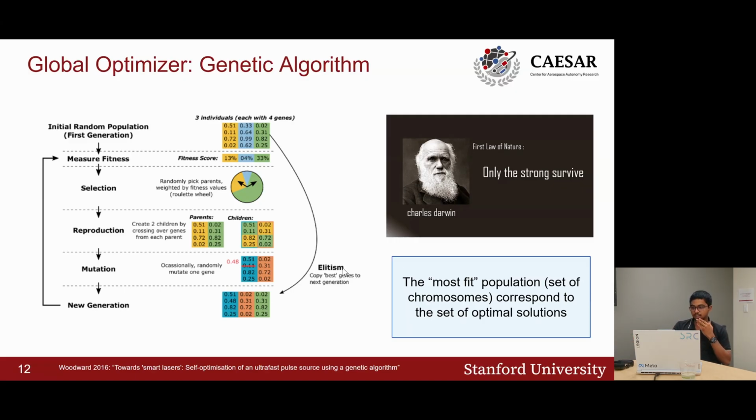Essentially, the hope is that through multiple generations, you're evaluating the fitness of the chromosomes, and the chromosomes are the representation of the most optimal solutions. As you go throughout the generations, the hope is that you're leading to more and more optimal solutions because only the best traits are being carried forward by the chromosomes.